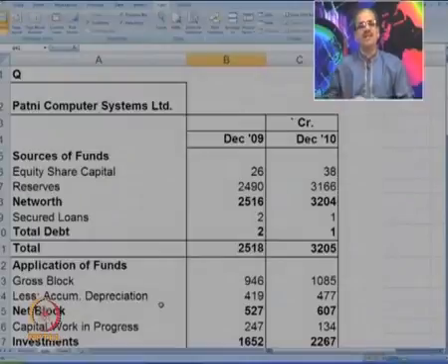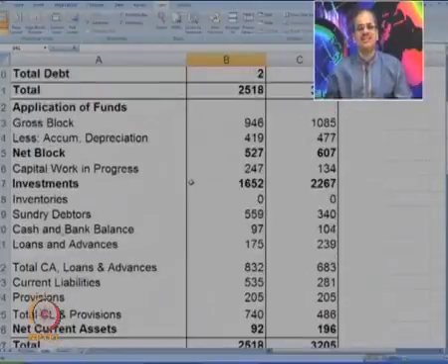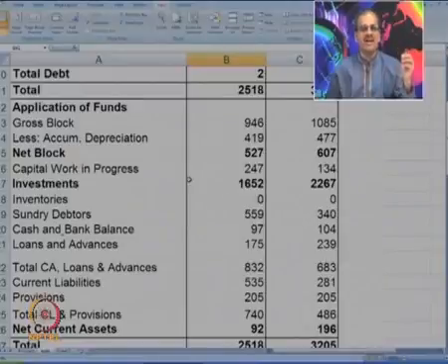Anybody remembers the formula for current ratio? Because we have seen in the last session, and even today we have done a little bit of revision. So, current ratio is essentially a relationship between current assets versus current liabilities.